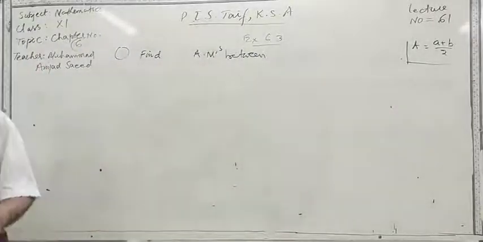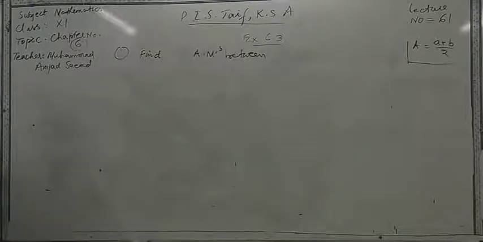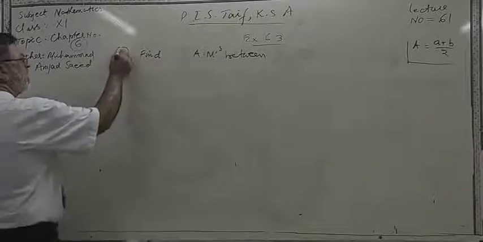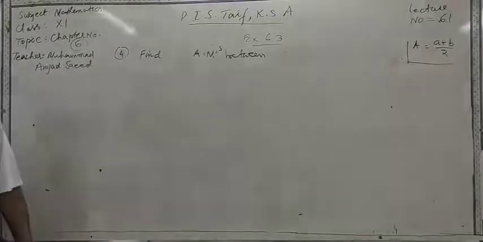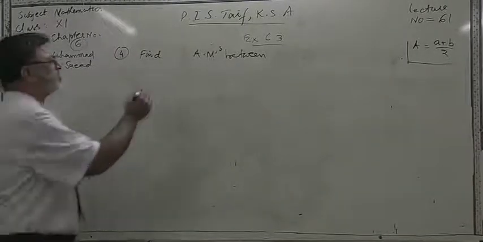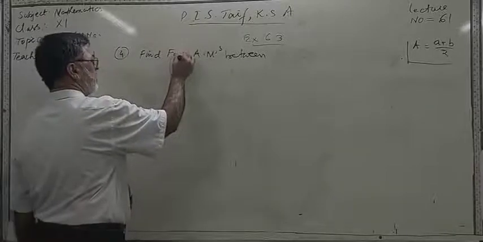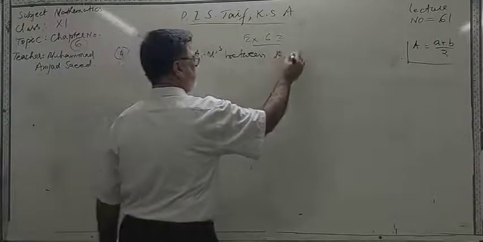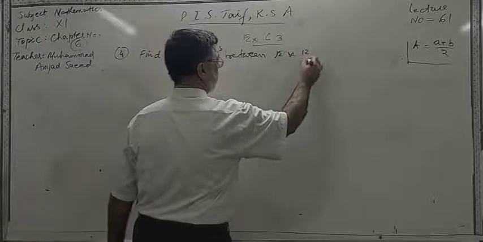Here is question number 4. Find 4 arithmetic means between root 2 and 12 over root 2.